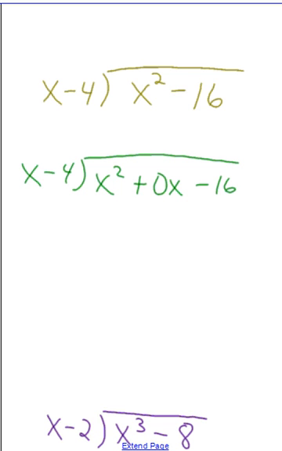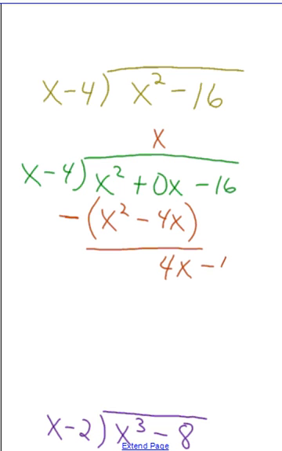So what times x equals x squared? x. So that's x squared minus 4x. Remember, I'm subtracting. So x squared minus x squared is 0. 0x minus negative 4x is 4x. Minus 16. Okay. x times what equals 4x? 4.